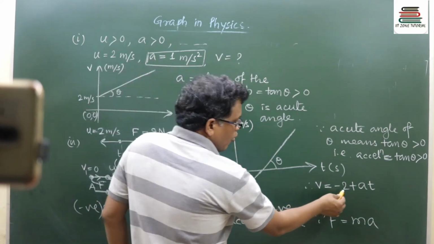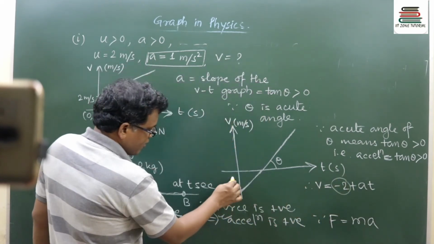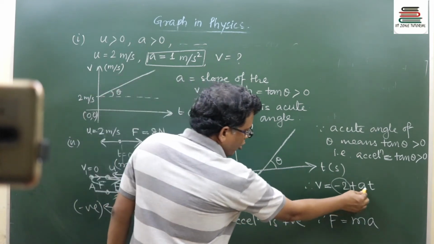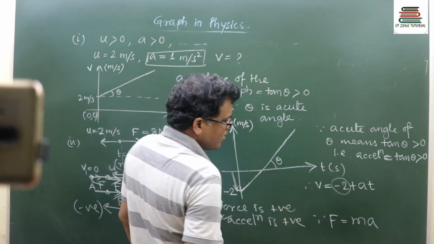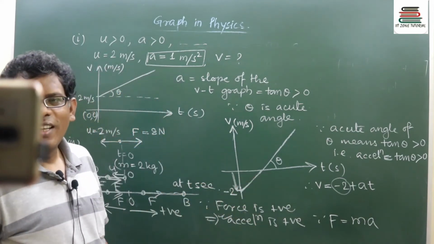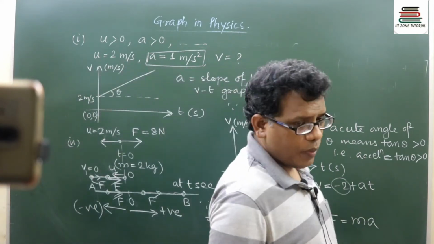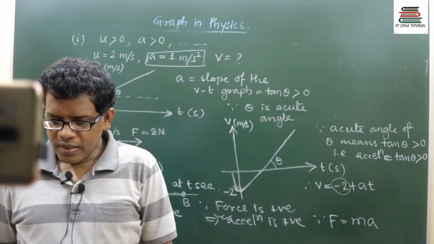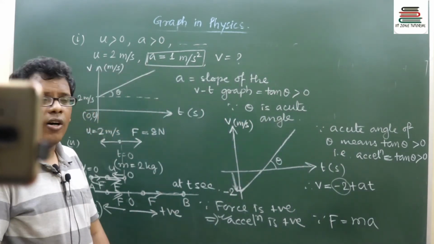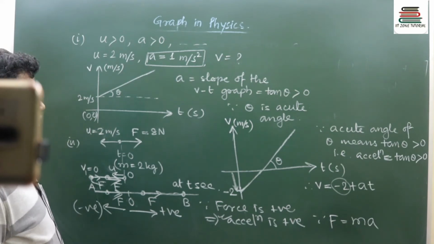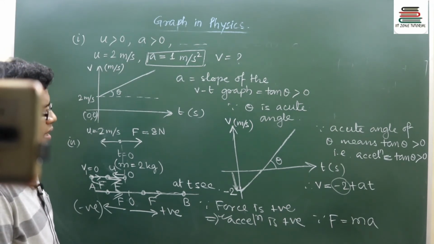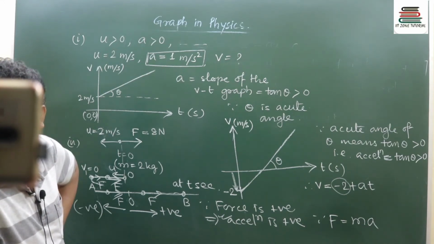So, check it again. The y-intercept is negative. So yes, the y-intercept is negative, right? The slope is coming positive. So are we using the y equals mx plus c graph? The equation of a straight line is representing the motion in a v-t graph.